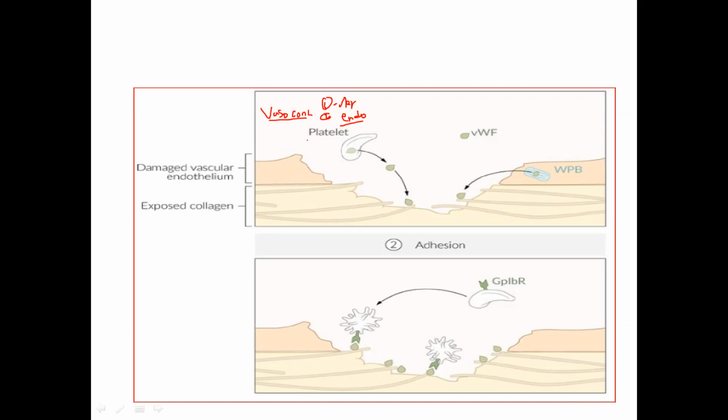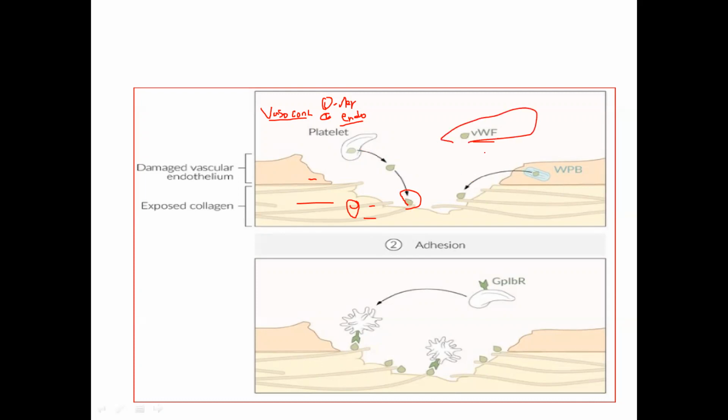The second step is platelet adhesion. By the way, this is endothelium, this is subendothelial tissue, and this is collagen. This is von Willebrand factor, and it is very important that for the platelet to adhere to the injured site, it needs von Willebrand factor.